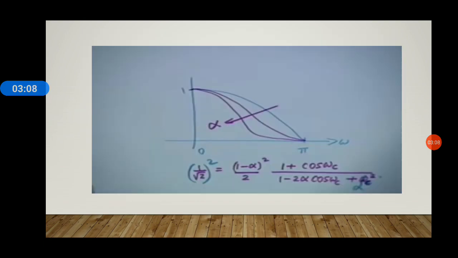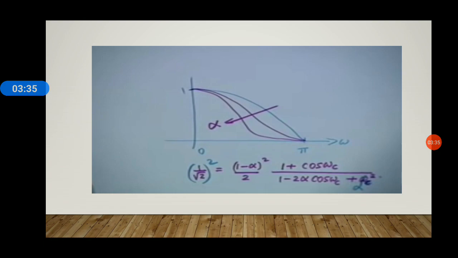So here we can show that between 0 to pi, the magnitude of H(z) falls from 1 to 0, and if we increase alpha in the direction mentioned, our curve becomes more towards ideal. We get better filtering if we go on increasing alpha.